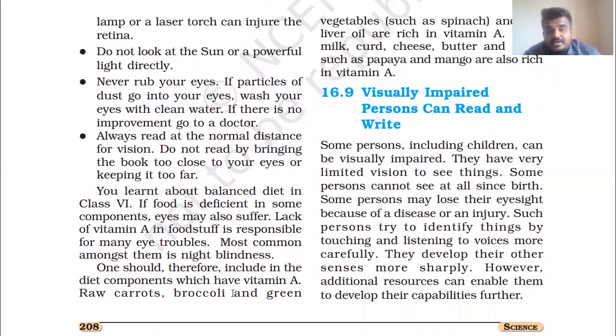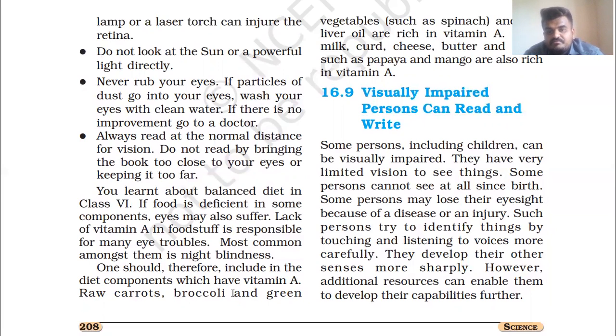Now let's move forward to our next topic, that is topic 16.9. Visually impaired persons can read and write. If a person has no eyes, even then he can read, but not by the same process we follow. It is the Braille system, and we will discuss it.